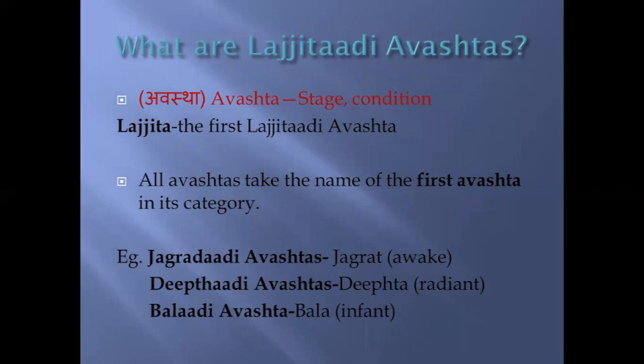For example, the Jagradati Avashtas take their names from the Jagrat Avashta, the Diptati Avashtas from the Dipta Avashta, and the Baladi Avashtas from the Bala Avashta. Now, the Lajatati Avashtas take their name from the Lajita Avashta, which is the first one in its category.